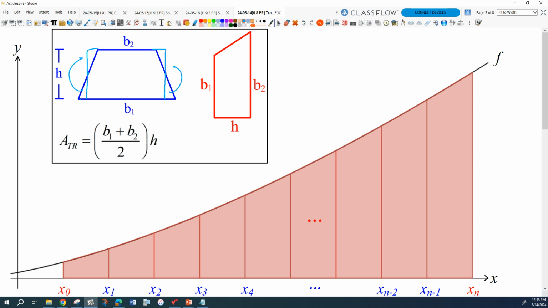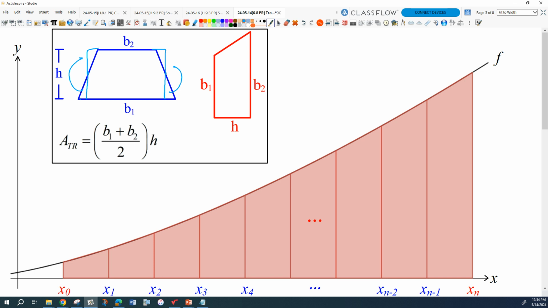Everybody agree? So if each of them is the same, then wouldn't they each be the average of the two? The total horizontal length of those sides divided by 2 is what we would get if we had a rectangle which has two equal length horizontal sides. Make sense? So the average of the two is the length of the rectangle, times the height.